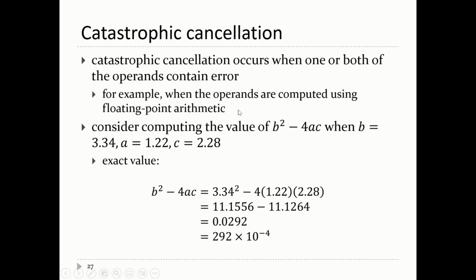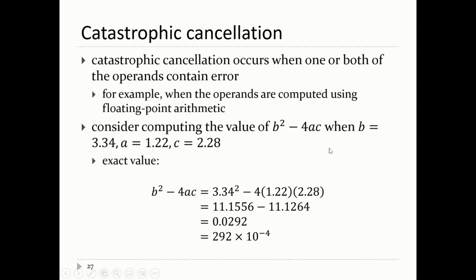So if we try to compute two values and then subtract them, that's where catastrophic cancellation can occur. So here I'm going to compute b squared minus 4ac. So the part under the square root in the quadratic equation. Now I have to compute b squared, and I have to compute 4ac. So the odds are very good that when I compute these two quantities, I'm going to lose digits.